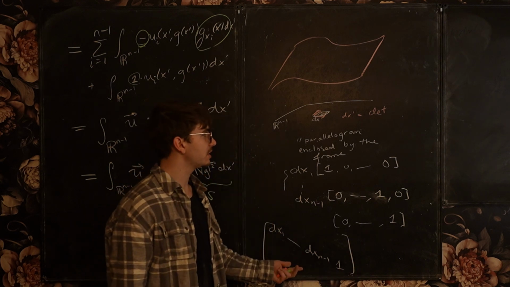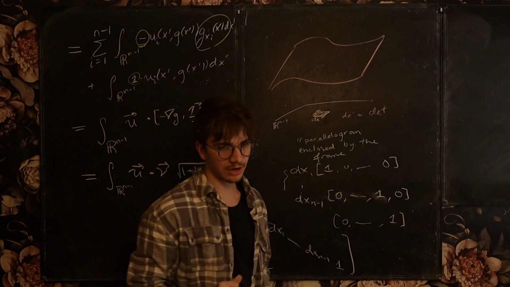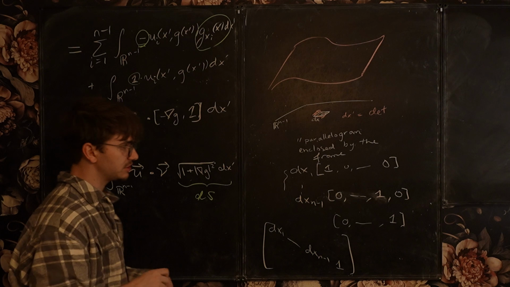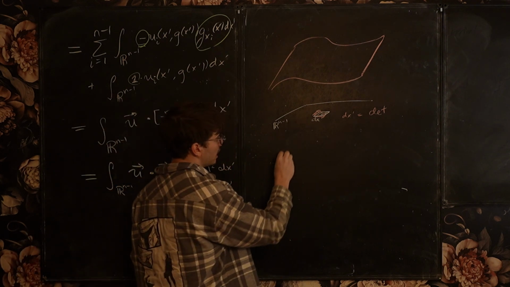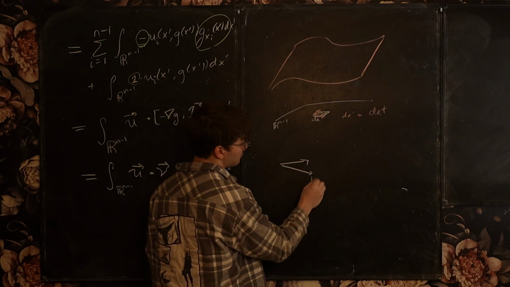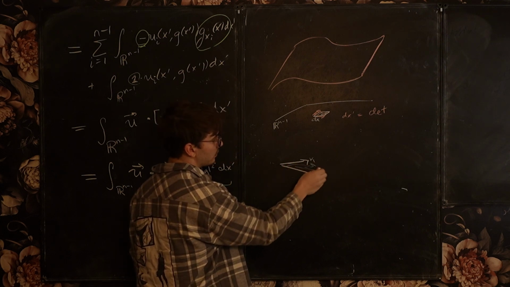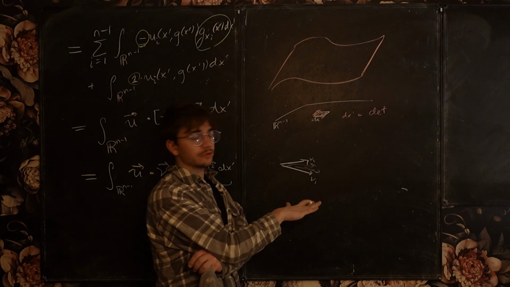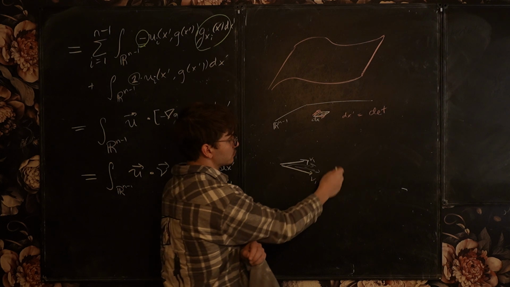If I take the determinant of this matrix, I get the area element dx prime. The reason for this is a general geometric fact. If I take a parallelogram where I have, let's say, v1, v2, etc. I can only visualize this in R3, but you can visualize an entire frame of vectors in Rn minus 1.